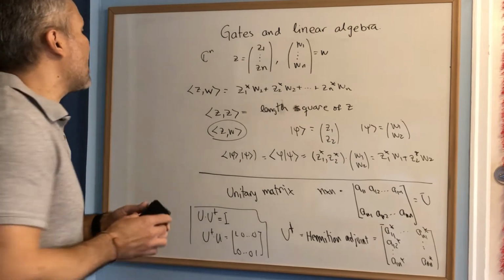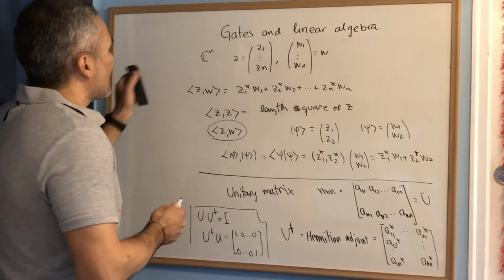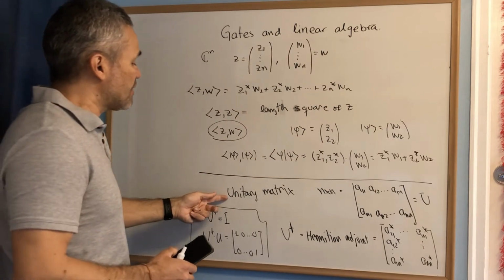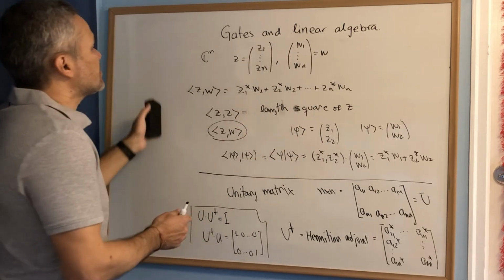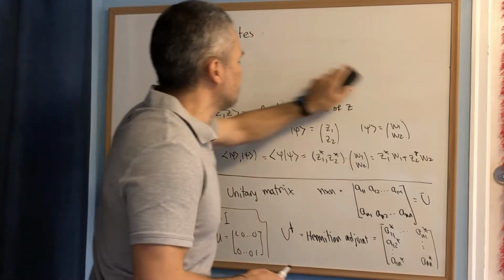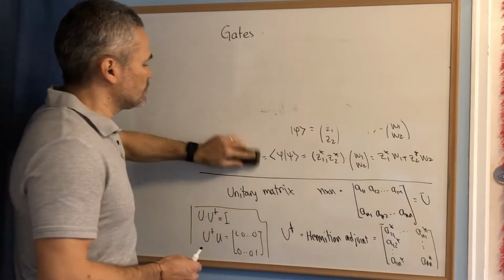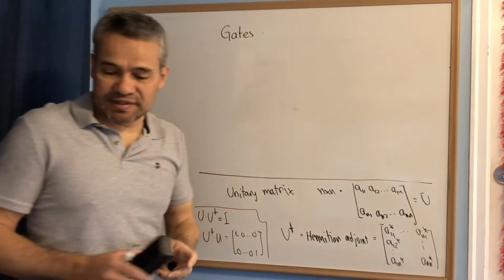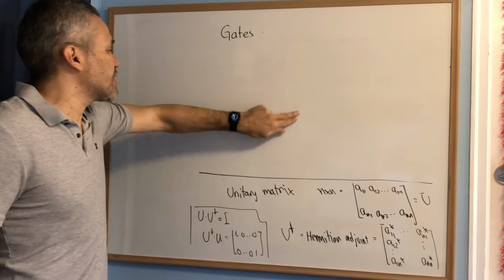Then if we have a quantum computer, we have an action given by a unitary matrix, then this is what is called a gate. A gate is something in the quantum computer that changes qubits by a unitary matrix.